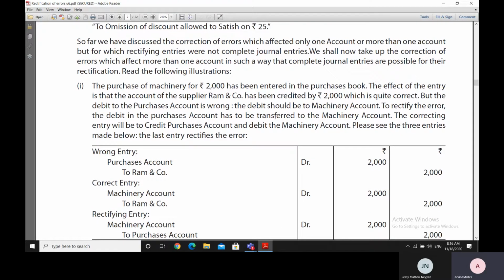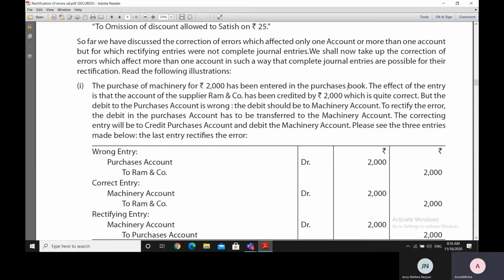So let us take an example. Machinery has been purchased for 2000 rupees, but it has been entered in the purchases book. Actually, machinery should not be entered in the purchases book because it is an asset purchase.